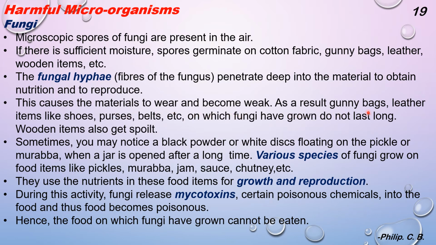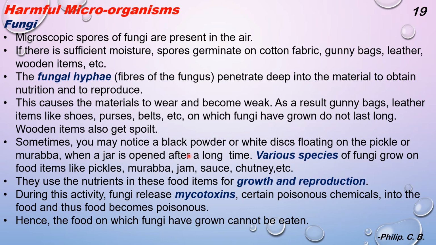As a result, gunny bags and leather items like shoes, purses, belts, etc., on which fungi have grown do not last long. Wooden items also get spoiled because the fungus uses the protein or the important materials present in them, so they penetrate deep into it and absorb their nutrition.